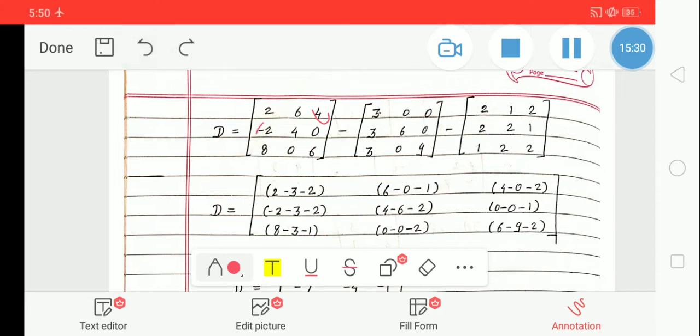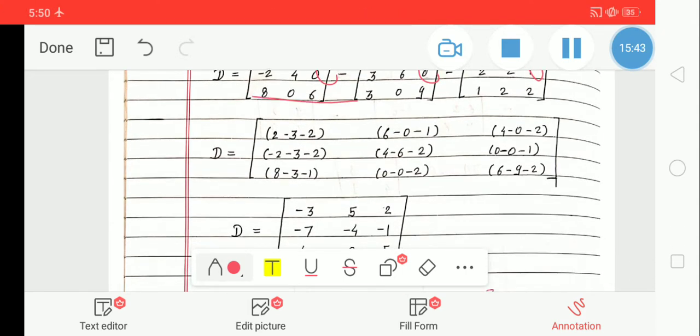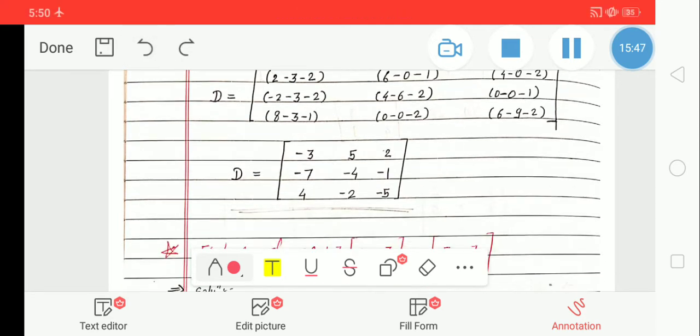So the same as it is, minus 2, minus 3 and minus 2, minus 4, minus 6, minus 2, 0, minus 0, minus 1, and the same as it is, we take this value, then it gives matrix D. So D is minus 3, 5, 2, minus 7, minus 4, minus 1, 4, minus 2, minus 5. This is the value of matrix D.